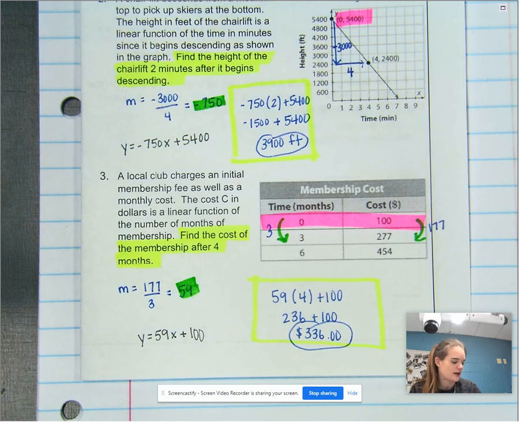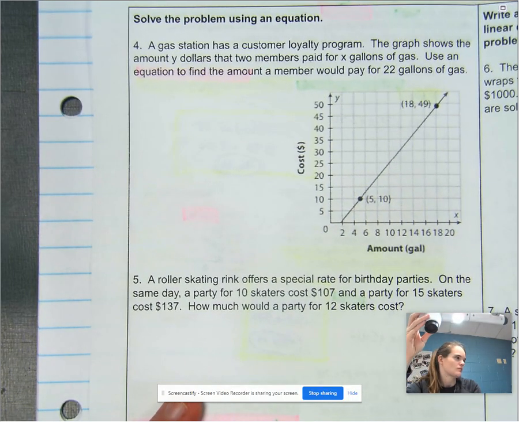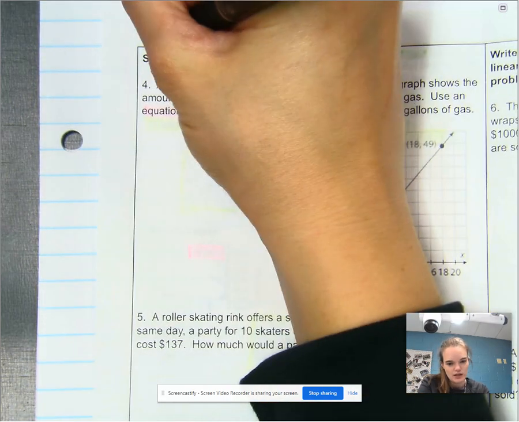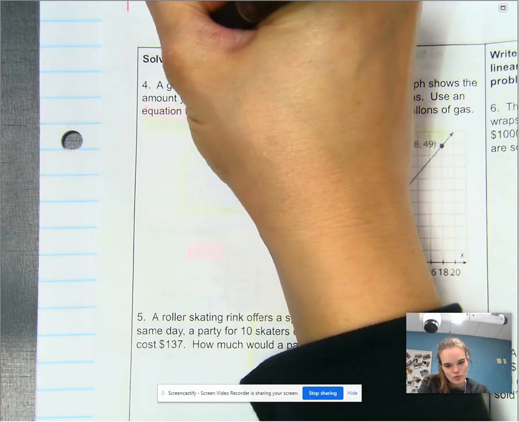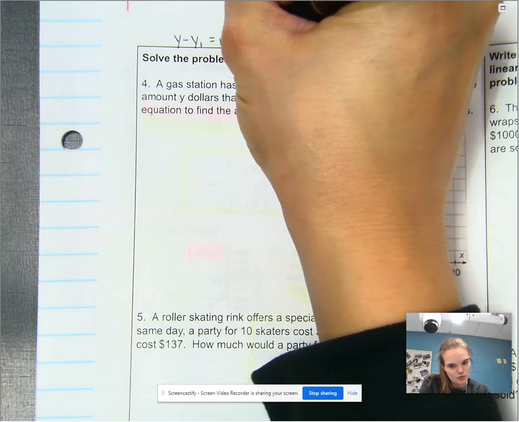All right, that is how we create equations with word problems when they are in y equals mx plus b form, slope-intercept. Okay, now we're going to talk about point-slope form. In case you have forgotten, point-slope form is y minus y1 equals m times x minus x1.